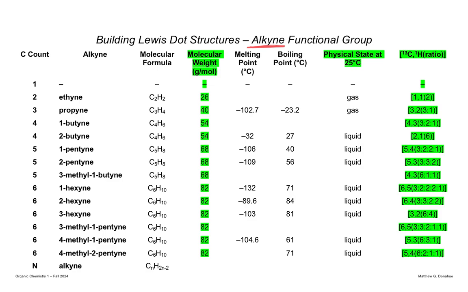So the hydrocarbon with 2 degrees of unsaturation is called an alkyne. And so this means there's a triple bond. And again, once we get past 3, now we have these 2 constitutional isomers. So for butyne, there's 1-butyne and 2-butyne.